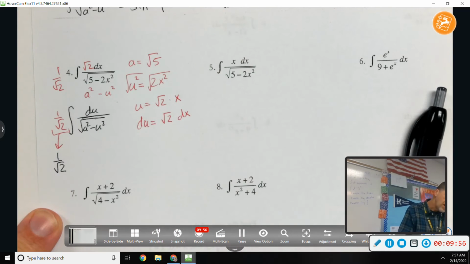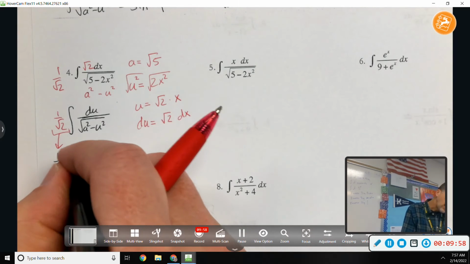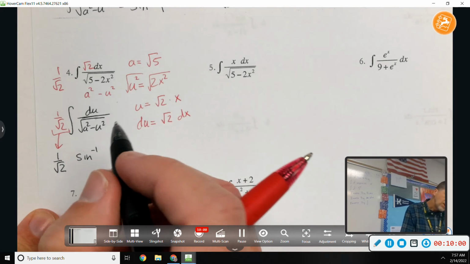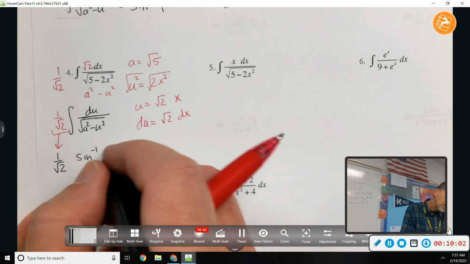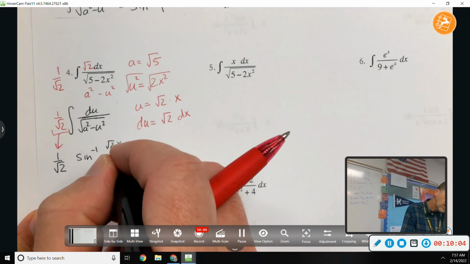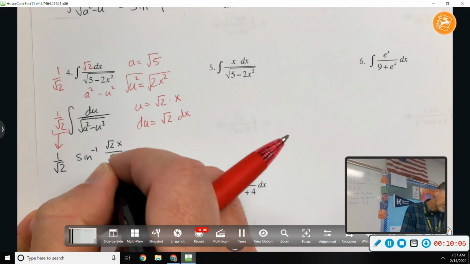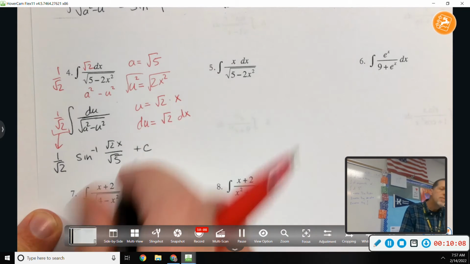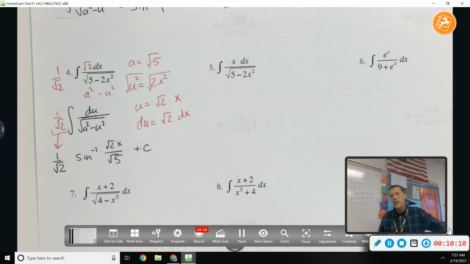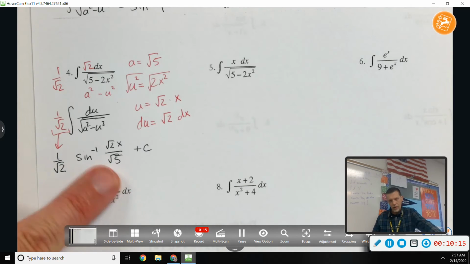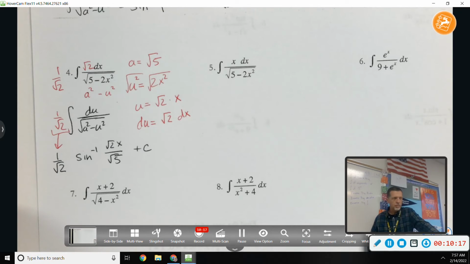And then inverse sine of u over a, root 2 x over root 5. And yes, if we were not in calculus, we would need to clean up that square root stuff, but we don't mind that square root stuff, so we're good.